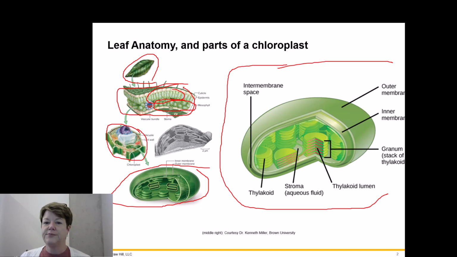So in this chapter, the spaces and membranes that are going to be important are the thylakoid membrane, the thylakoid space or thylakoid lumen, shown in red. It's not really red. And then the stroma is the space outside of the thylakoid. And so those locations become important as we talk about the process of photosynthesis.